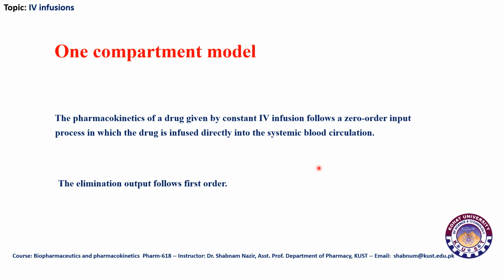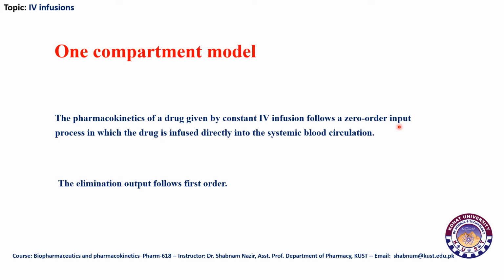When we use the term zero order process, we are referring to a pharmacokinetic process in which the rate of the process, whatever the process in question is, whether absorption, distribution, metabolism, or elimination, is independent of the drug concentration or its amount.